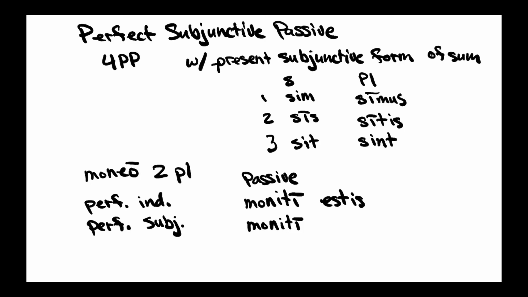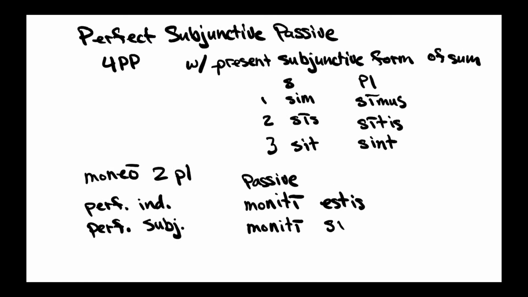So we get some meaning and number from the participle itself. We get the person, reflected also in the number, and the mood in the to be verb. So moneti estis goes to moneti sitis. Sitis. All right.